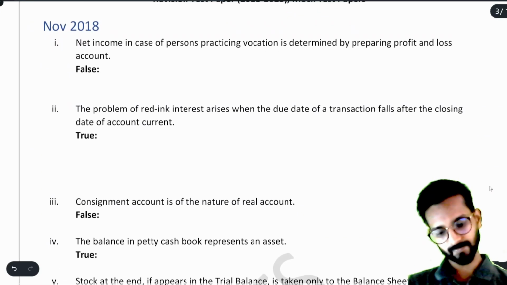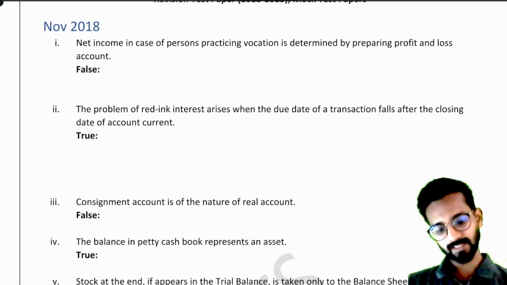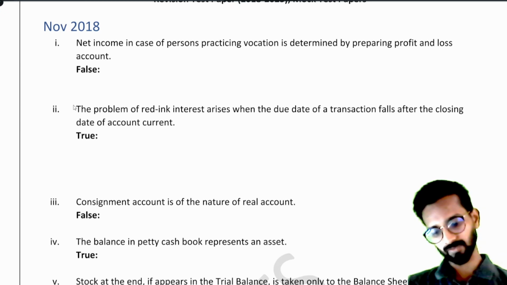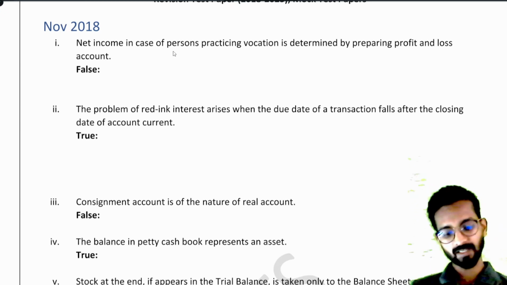Next we will solve November 2018. Check. November 2018, first question we have here is, net income in case of persons practicing vocation is determined by preparing profit and loss account. Now, remember this. When I am saying net income in case of person practicing vocation, what does it mean?